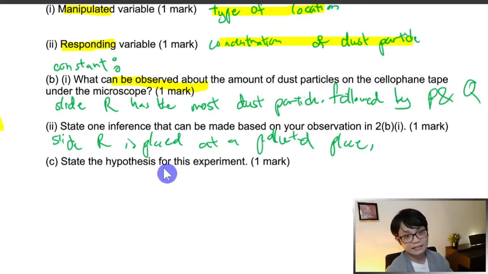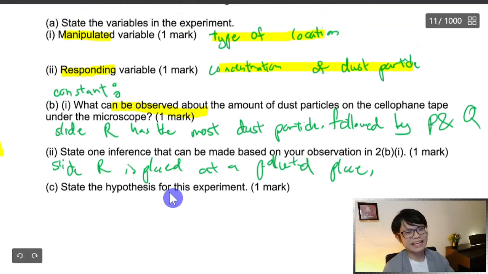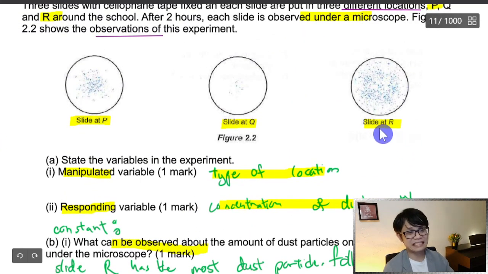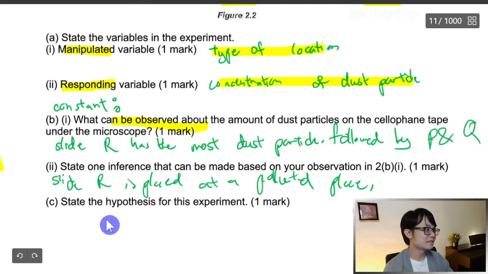So that is the answer. But I think the better hypothesis is that slide R is more polluted as compared to slide Q. That I think is a better hypothesis, because you are saying location R has more pollution than Q, then you need to prove it. So this is the proof. But the marking scheme says this, so I copy the answer so that you can see.